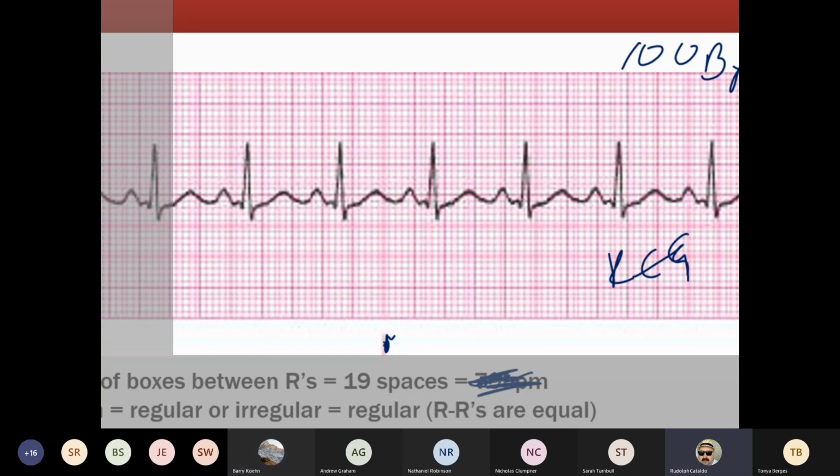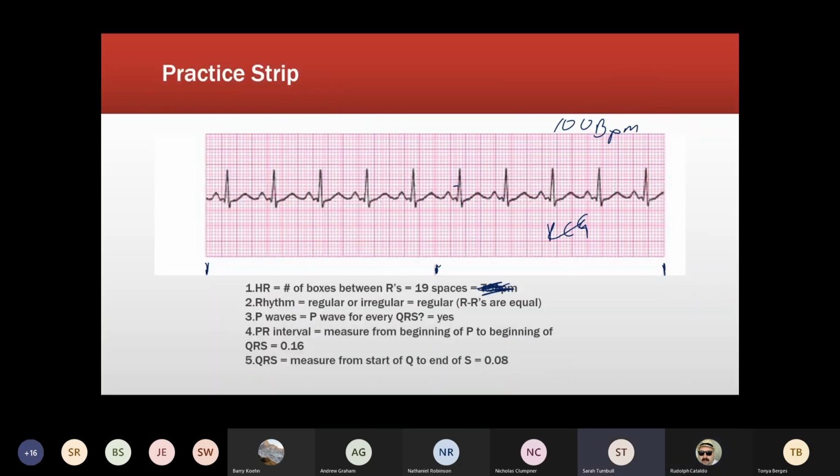So your PR interval actually starts halfway in the P wave, so roughly 3 in this case. So what's 3 small boxes equal in time? 0.12 seconds. Right? Okay. Now, is that narrow or wide as far as the QRS complex? Narrow. Yeah, narrow.